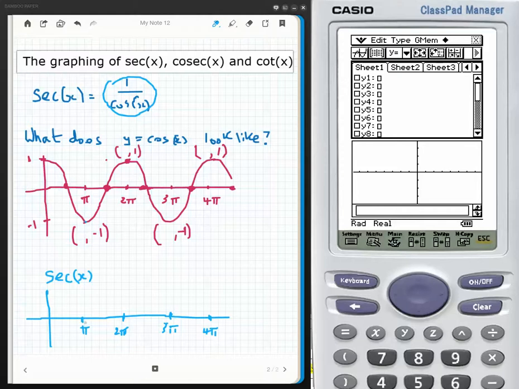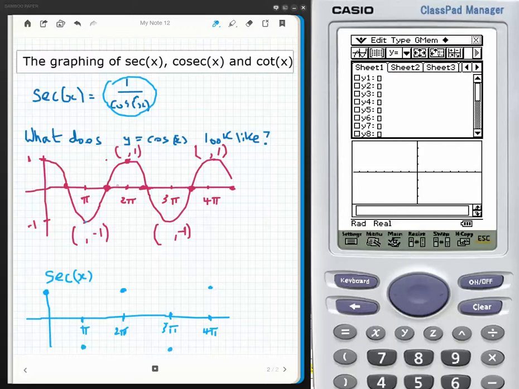At x equals 0, 1 on 1 is still 1. At x equals 2 pi, 1 on 1 is still 1. When x equals 3 pi, I'm still going to be at -1. When x equals 4 pi, I'm still going to be at 1.